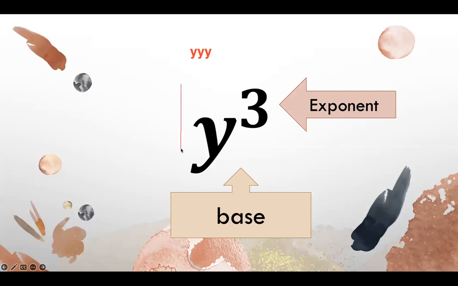So just an advanced lesson: all variables or letters in algebra have 1 as their numerical coefficient. So in this example, 3 is the exponent, y is the base, and if I ask you what's the numerical coefficient, the answer is 1.